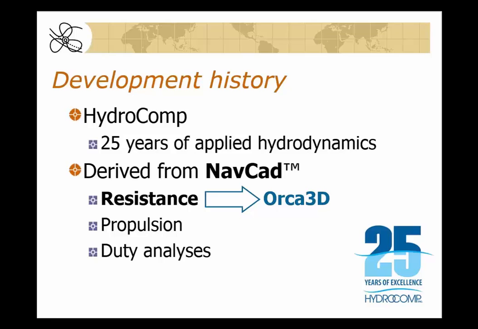And in fact, one thing that I will say here, there's actually some features in the Orca3D library that are a little more advanced than you find in NavCAD. We'll be seeing some of those things migrate over to our future NavCAD development, but you actually have an opportunity to run those first here in Orca3D.